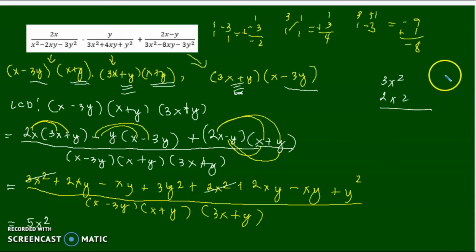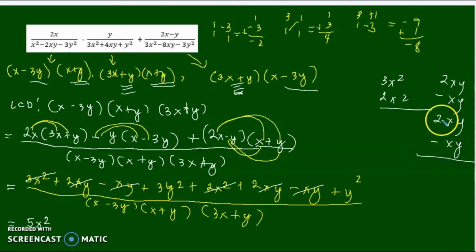So we have 2xy minus xy plus 2xy minus xy. Here, negative xy plus negative xy is equal to negative 2xy.